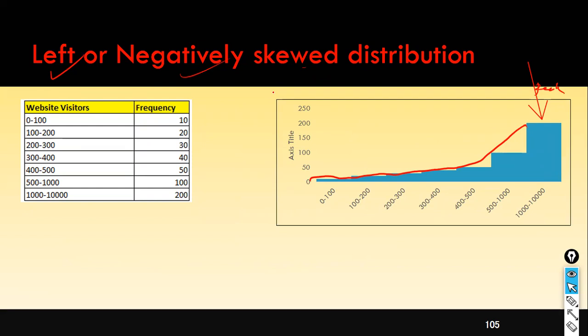So this is what we can see here. Here I have given this example: website visitors and frequency. Between 0 to 100 customers, they visit 10 times, and 100 to 200 customers, they visit 20 times.